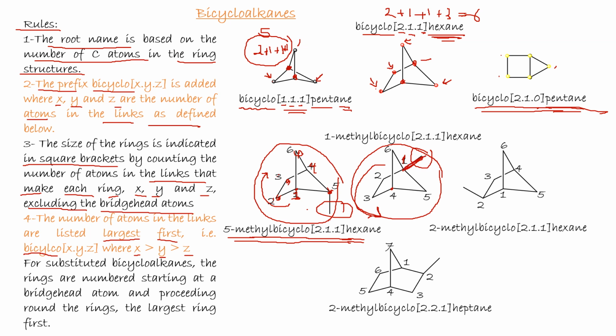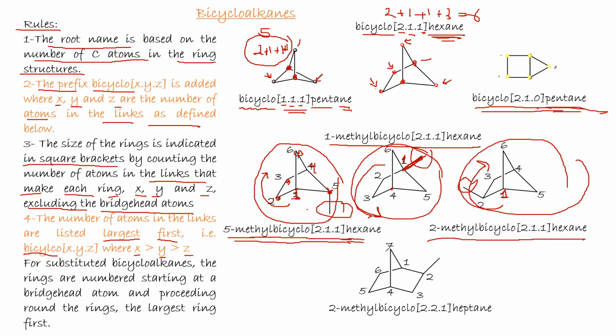Here will be 1, so that's the lowest. So it's 1, 2, 3, 4, 5, and 6. It will be 1-methylbicyclo 2.1.1 hexane. What about this one? Again, 1 in here, because this will give the lowest number to the substituent. So 1 will be 2, so it's 2-methylbicyclo 2.1.1 hexane.